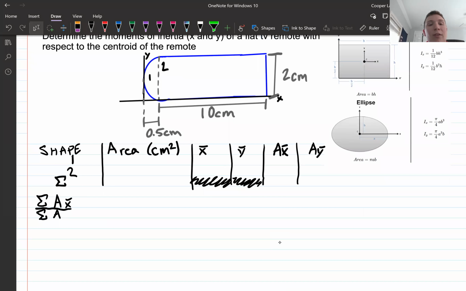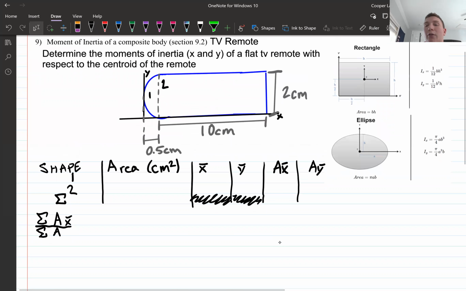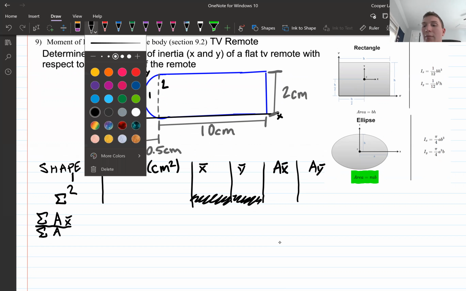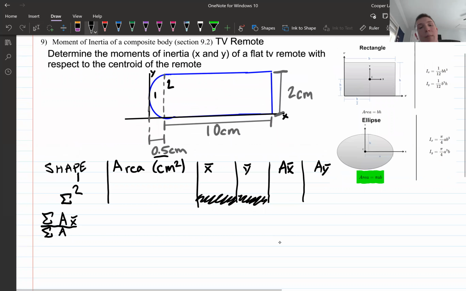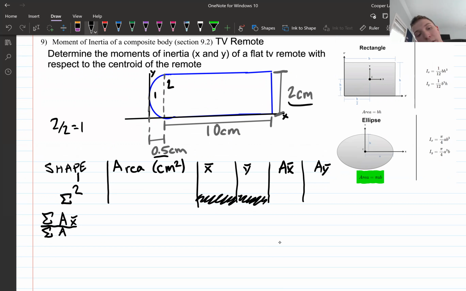For shape 1, we start by calculating the area. As you can tell from our diagrams on the side, the area of an ellipse is pi times alpha times beta. Alpha for us is this 0.5 centimeters, and beta is the 2 centimeters over here, but we divide it by 2 to get the radius. So 2 divided by 2 equals 1 centimeter.